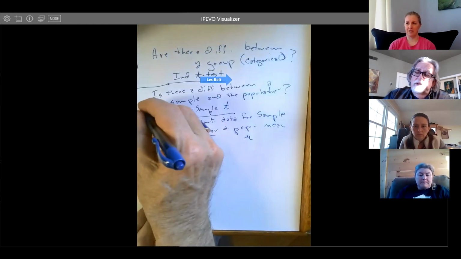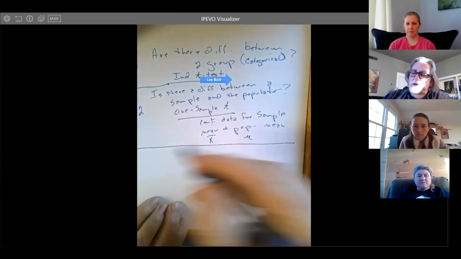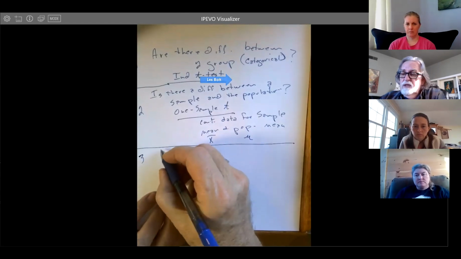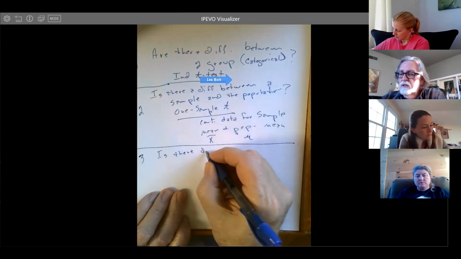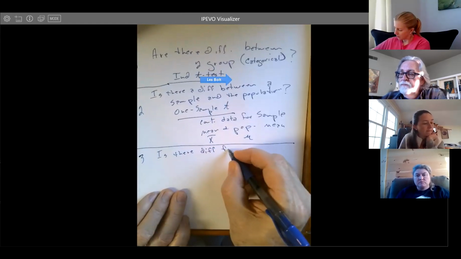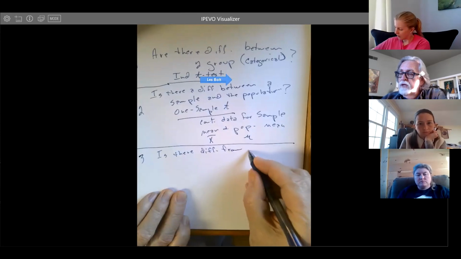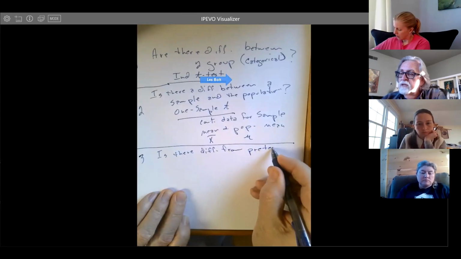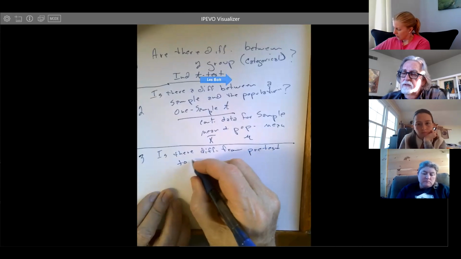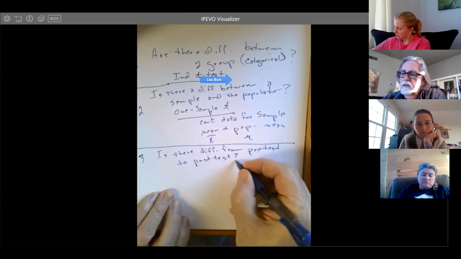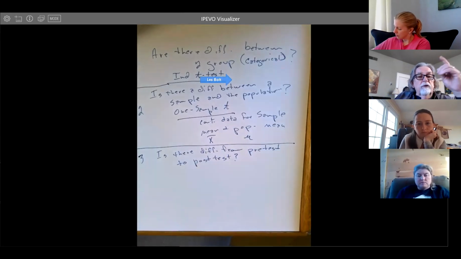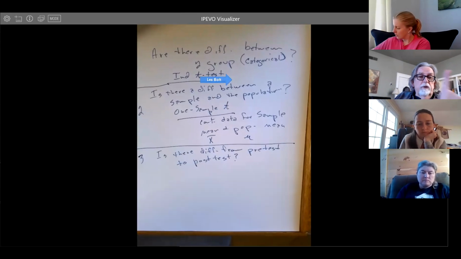There are three possible cases for t-test. And then the third case is, is there a difference from pre-test to post-test? And that means we only have one group, but we have two measures on them. We have a pre-test measure and a post-test measure.